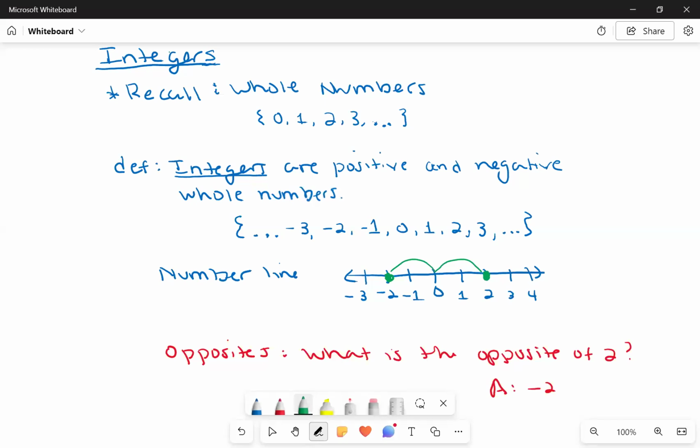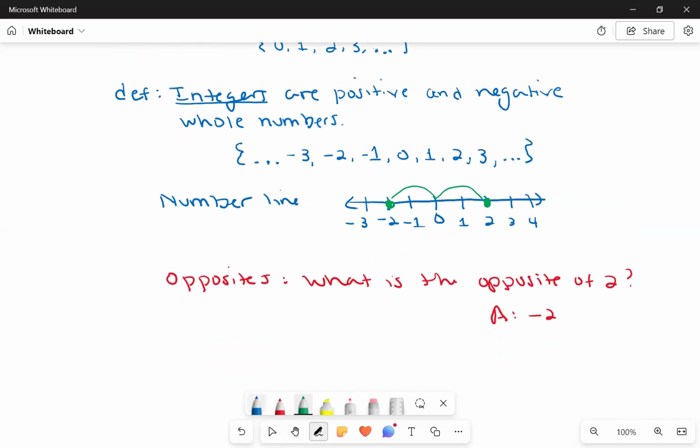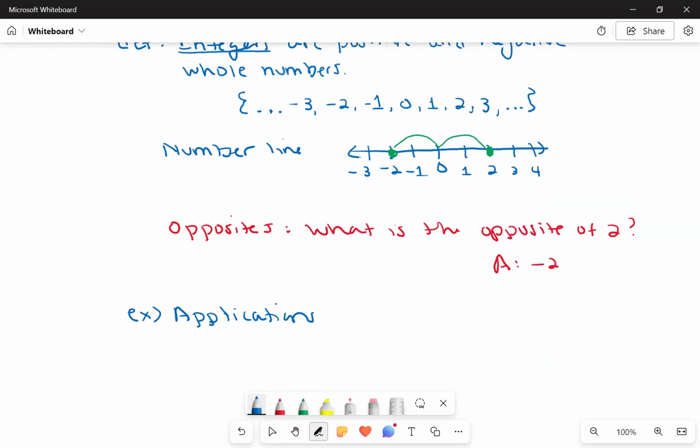Okay, and then before we get into the operations, I just want to briefly discuss applications of integers. There are so many. Some of the more obvious ones would be finance. I would even go basic, like personal finance, right?